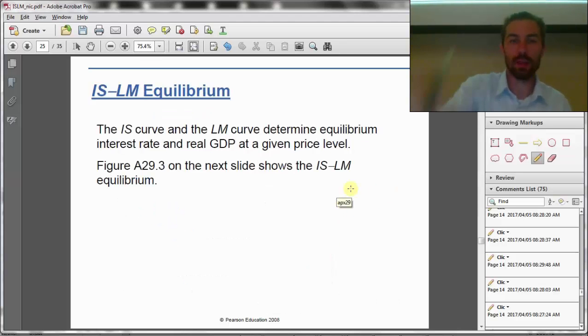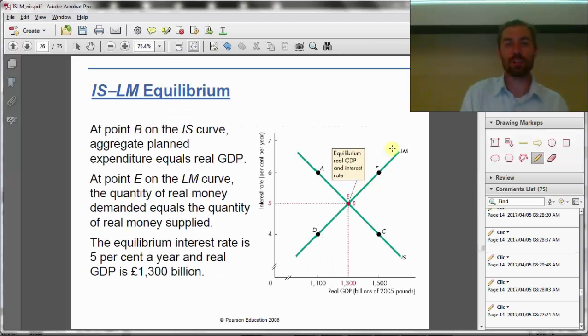We then bring the LM curve and the IS curve together. And this point of equilibrium is what? Well, first of all, are you happy that point B is on the IS curve? It lies on that IS curve. Are you with me? Are you happy that point B lies on the LM curve? Okay.